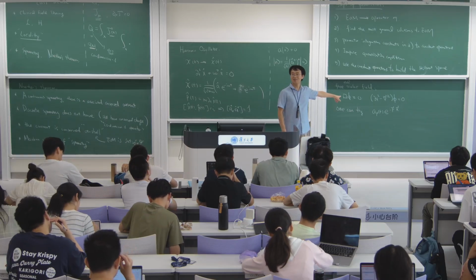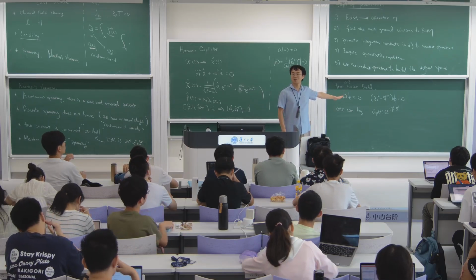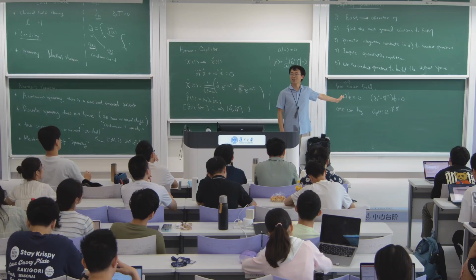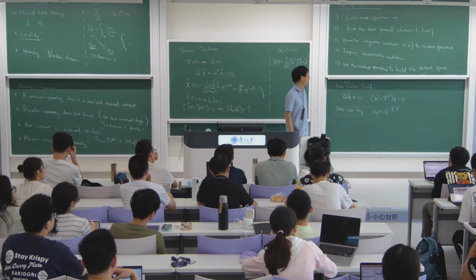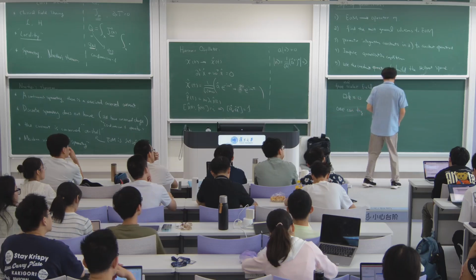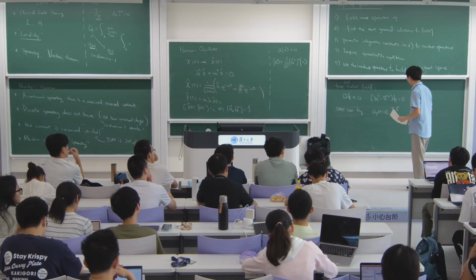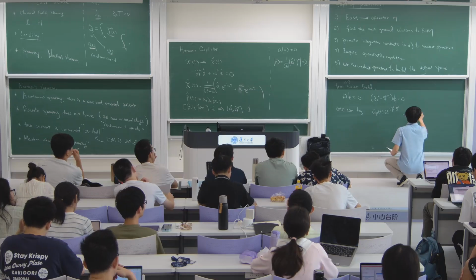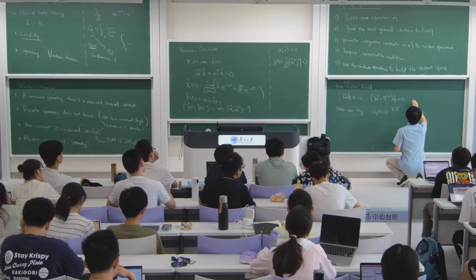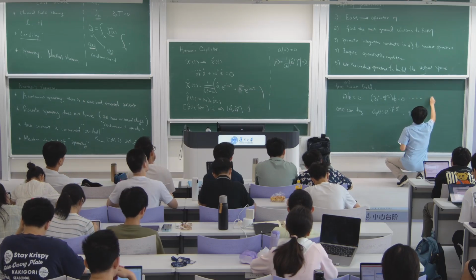This is some kind of ansatz. We can view this as some potential special solution. The point is you can plug it in and try to solve and find some solution. So let's try this. Plug into the original equation of motion.